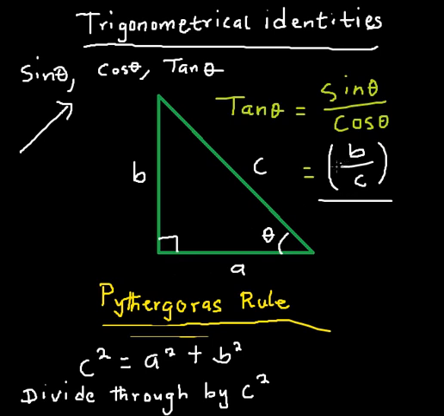What's my cos theta? My cos theta is adjacent over hypotenuse, that is A over C. As you can see, C is the common denominator, it will cancel out.